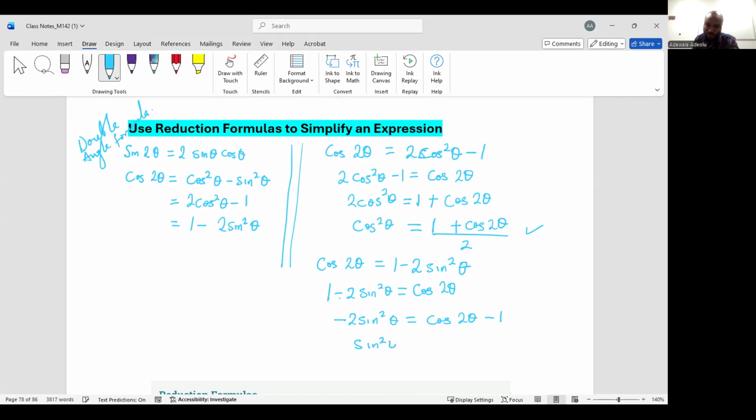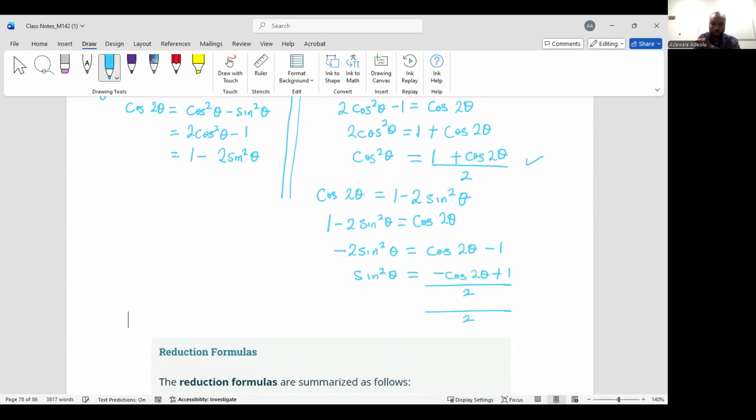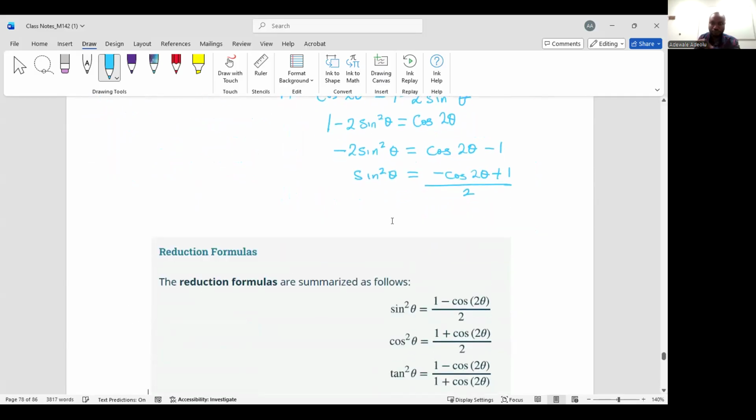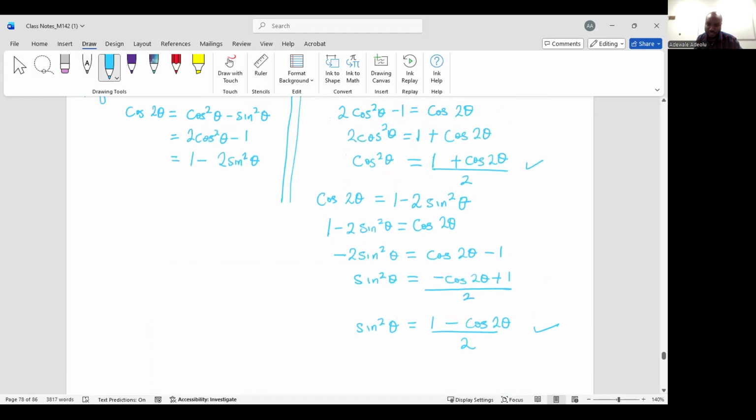So if I divide this by negative 2, I will have sine squared of theta equals negative cosine of 2 theta plus 1 divided by 2 because I divided by negative 2, so the signs there will change. Okay, now I can say sine squared of theta equals 1 minus cosine of 2 theta divided by 2. So that is a reduction formula for sine squared of theta.